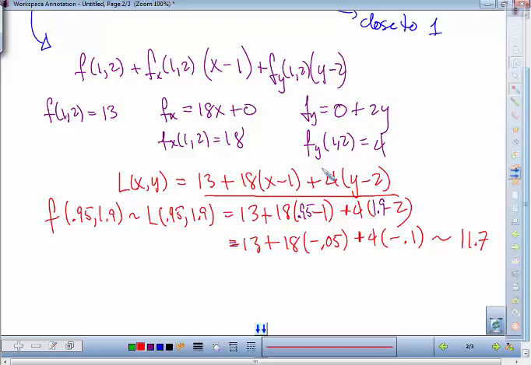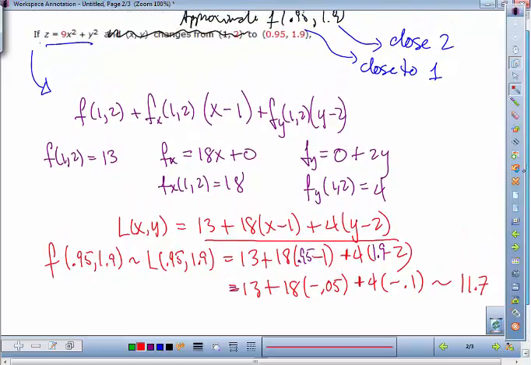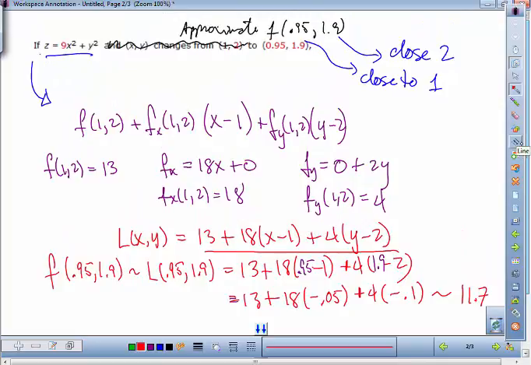So that's a general idea behind this approximation. We can double check to make sure that this is actually correct. Let's actually put x equals 0.95 and y equals 1.9 into the original function and tell me what you get. Can somebody do that, please?